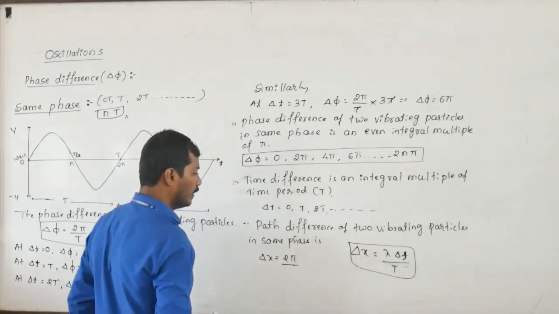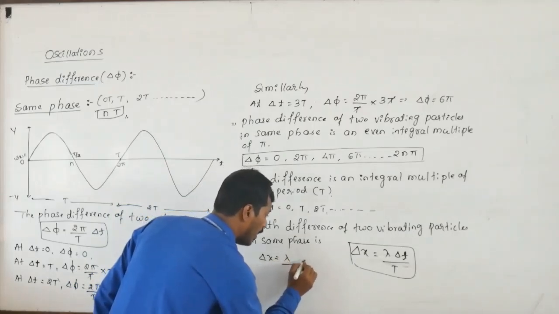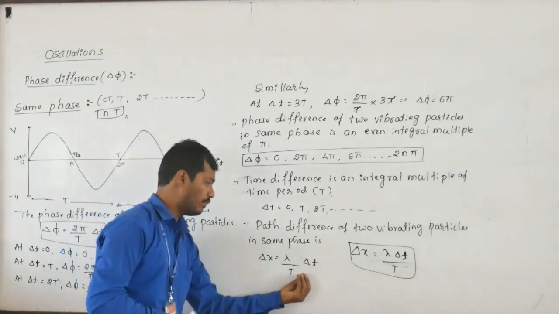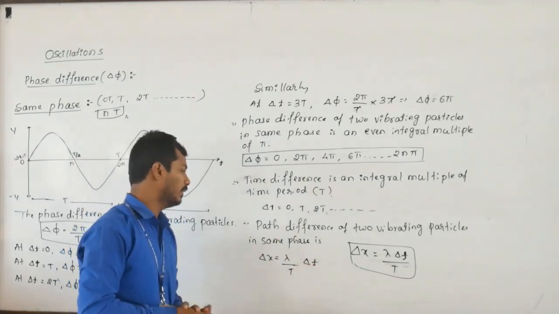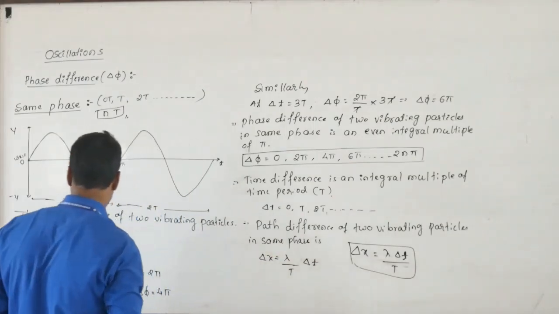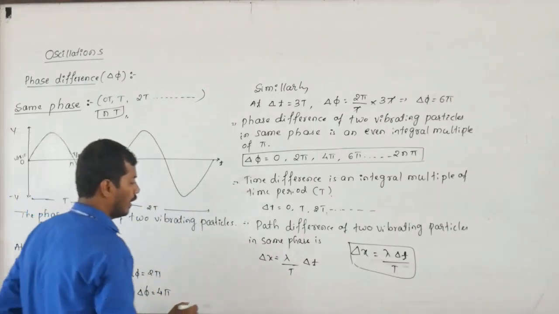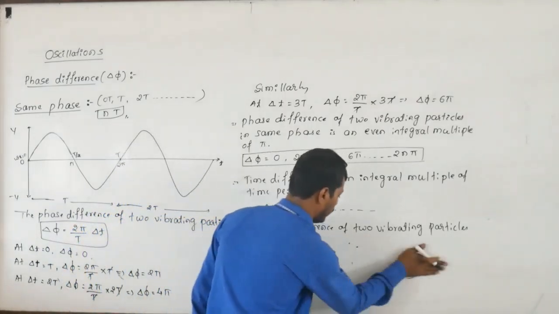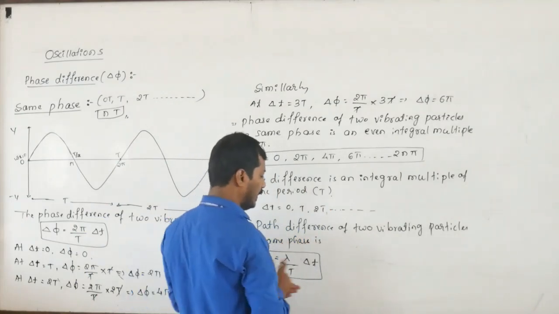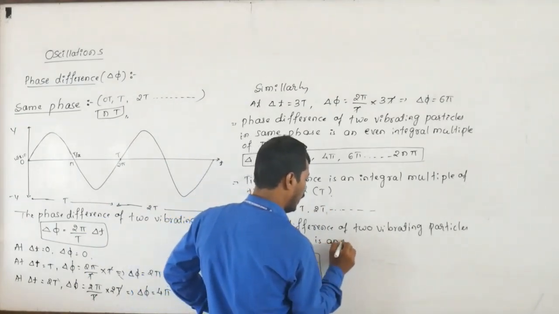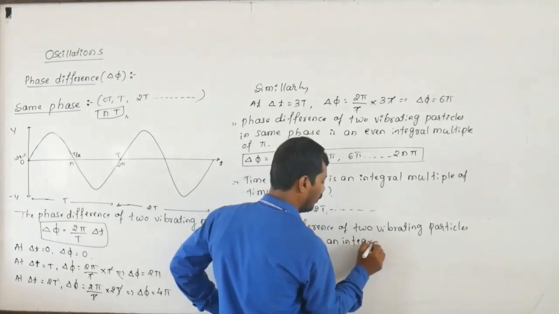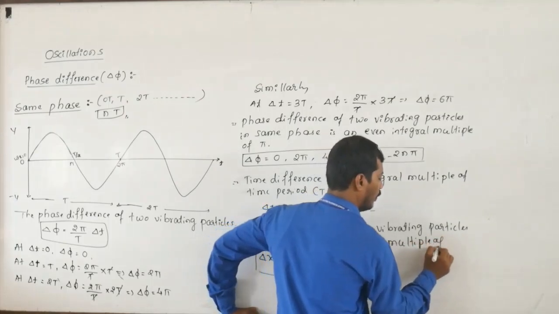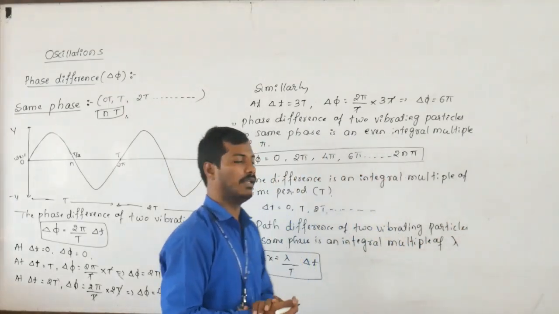If you write the value of all these things, 2 pi is also there. The same form: the path difference is also an integral multiple of lambda, or the full wavelength.